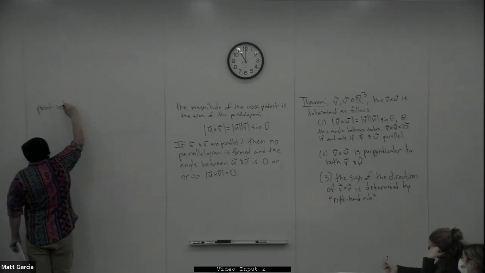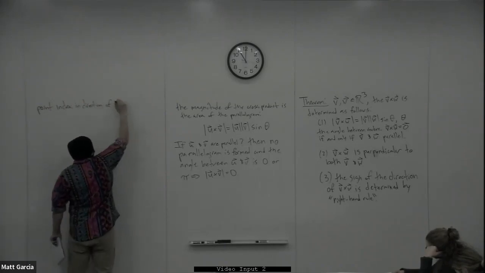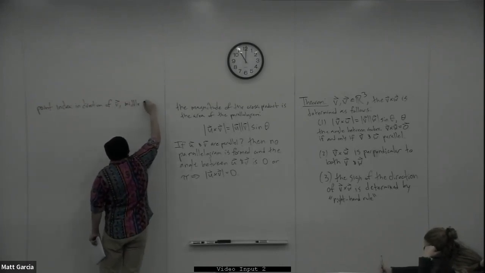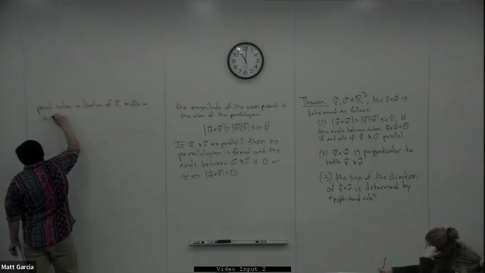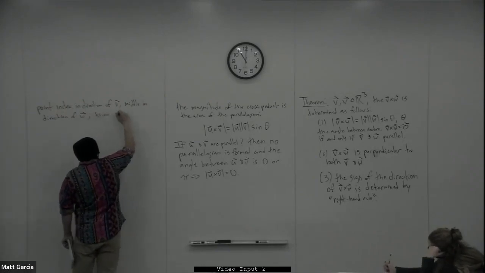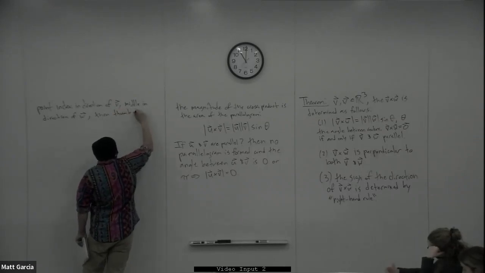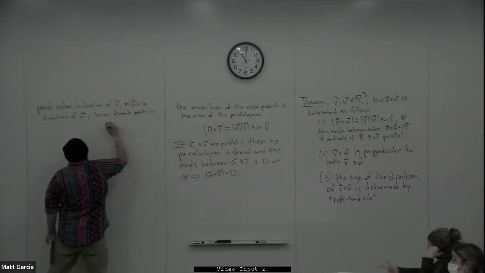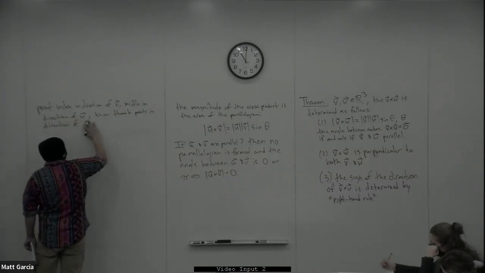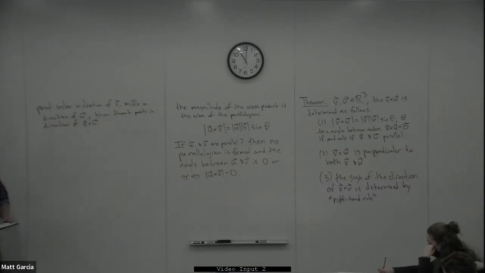Point index in direction of V, middle in direction of W, then thumb points in direction of V cross W. Okay.